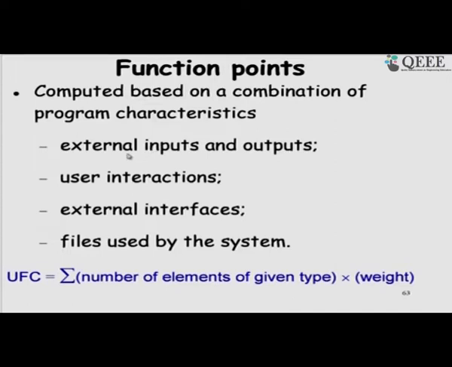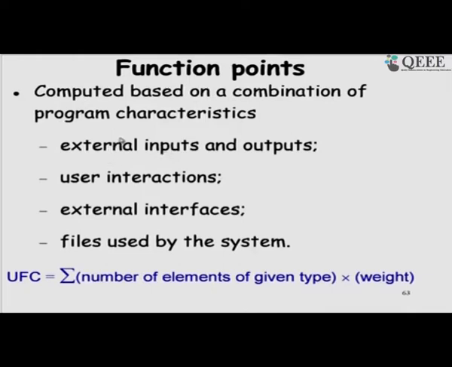One is the external inputs. The external inputs are the data that is given by the user or by an external system that change the state of the system. That means they get stored internally or modify data internally.